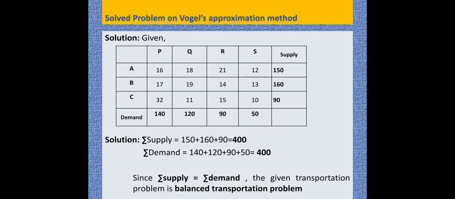Before solving, we need to check whether the given problem is a balanced transportation problem or not. To do that we add all the supplies: the summation of supply is 400, and similarly the summation of demand is also 400. Since the summation of supply is equal to the summation of demand, the given problem is a balanced transportation problem.